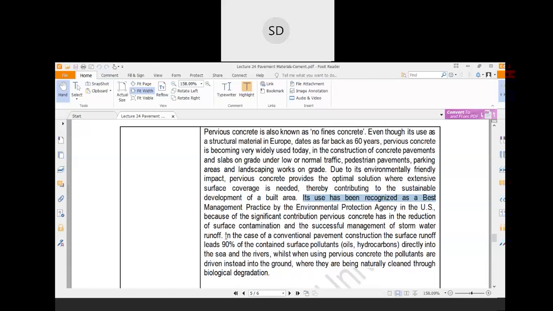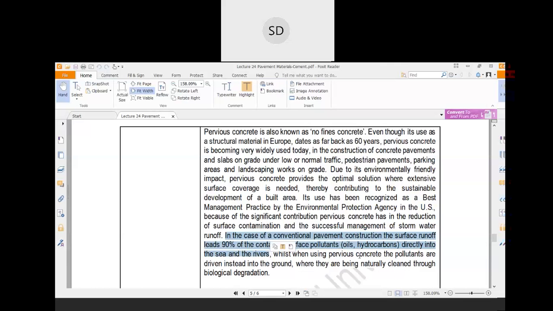In the case of conventional pavement construction, the surface runoff leads 90% of the contained surface pollutants directly into the sea and the rivers. In conventional pavement, water will be drained off and mix with pollutants present over the road surface, and it will contaminate the adjacent water body.